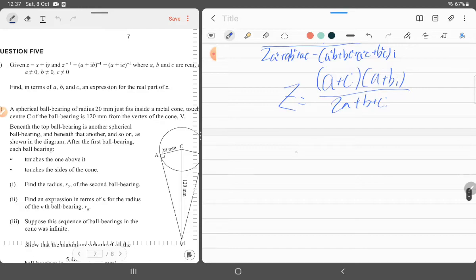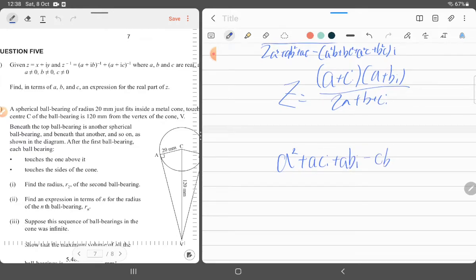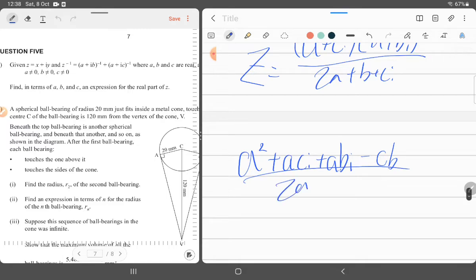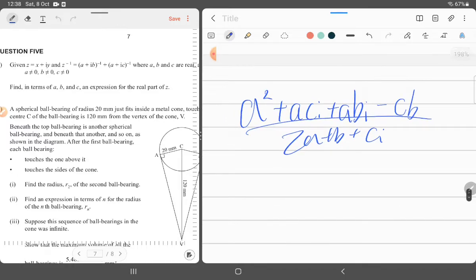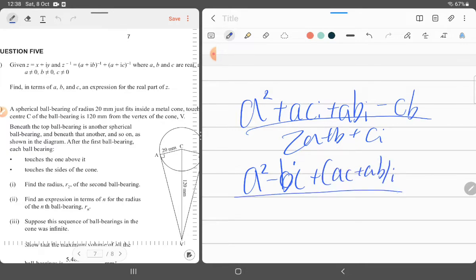So a squared plus ACI plus ABI take away CB all over 2A plus B plus CI. And then a squared take away BC plus AC plus ABI all over 2A plus BCI.